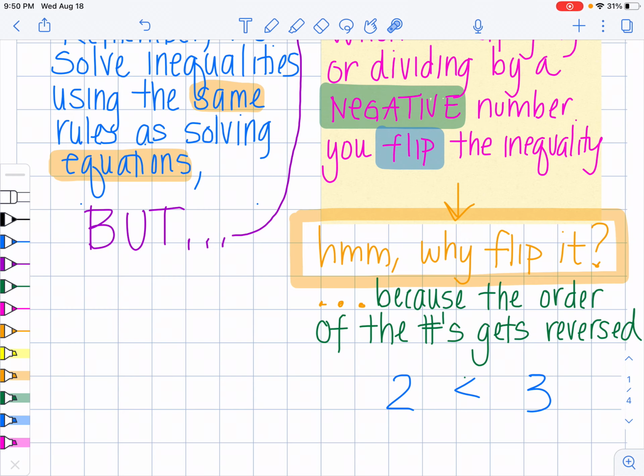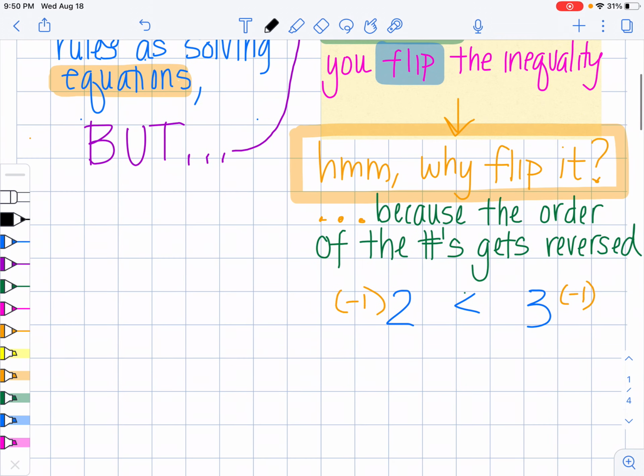Okay, so we know that 2 is less than 3, correct? So if I take each side, remember, because whatever I do to one side, I have to do to the other. If I multiply both sides by -1, I now end up with -2 is less than -3.